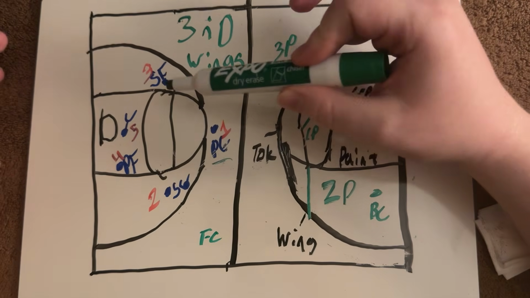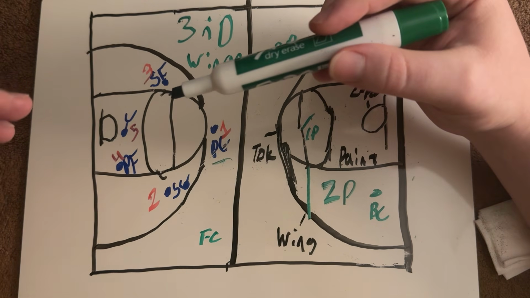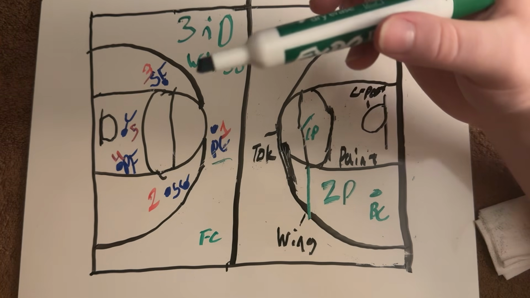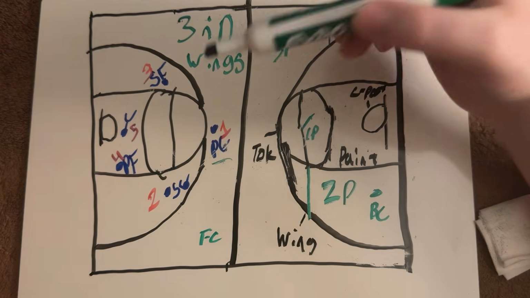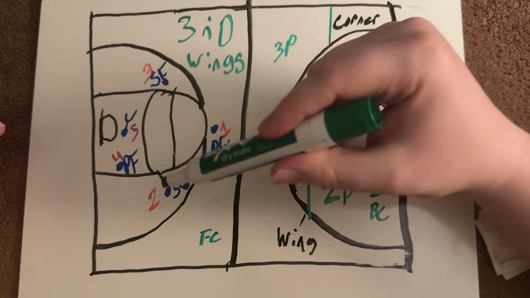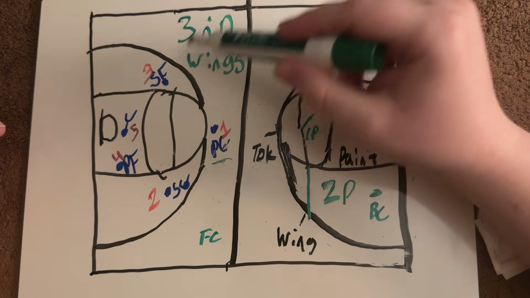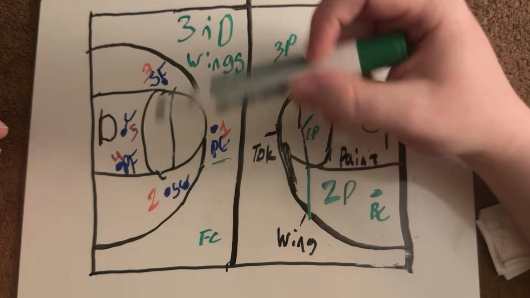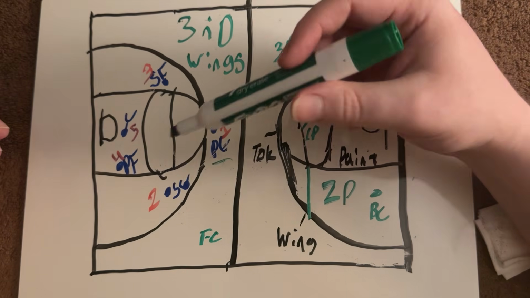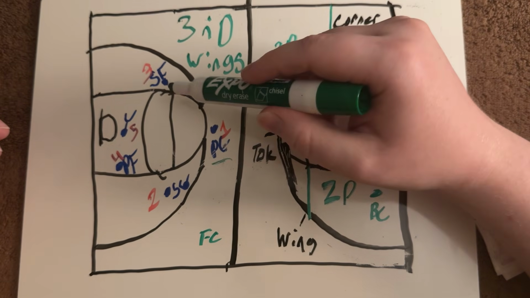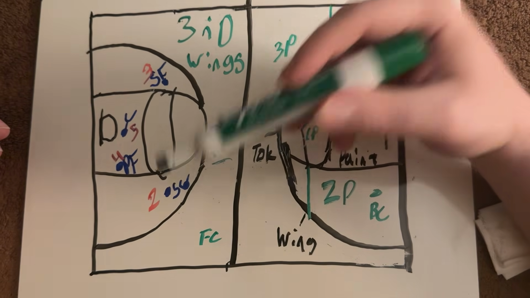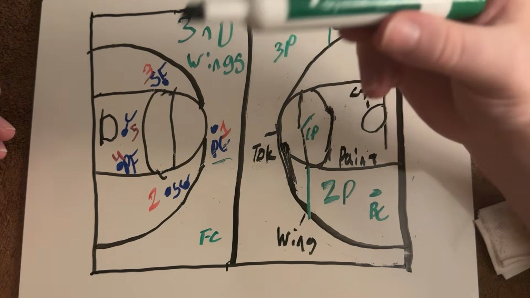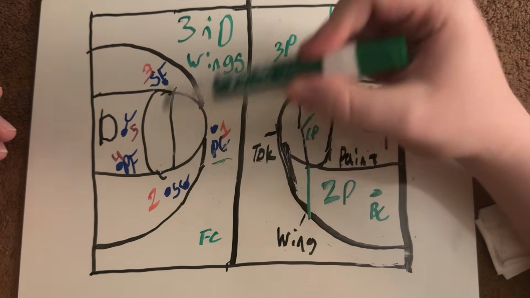Again, these 2 positions are the ones that are switching and evolving in real time. We see it a lot now. So these are the 3-and-D wings that you're going to hear about a lot. But again, it's very fluid. So small forward and shooting guard, 3-and-D wing is the most common aspect for both of these guys.